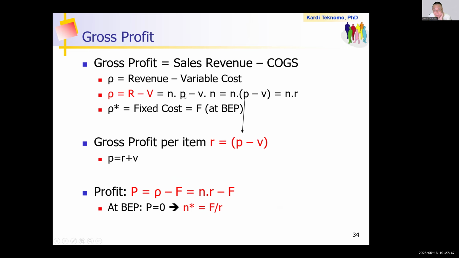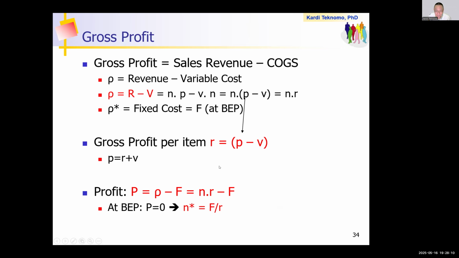You can calculate it. R is N times P, right? The capital V here is the variable cost, which is the unit variable cost times the demand. So you put it out, and you will see that this is equal to fixed cost. Of course, this gross profit you can put as per item, so I will use small r.